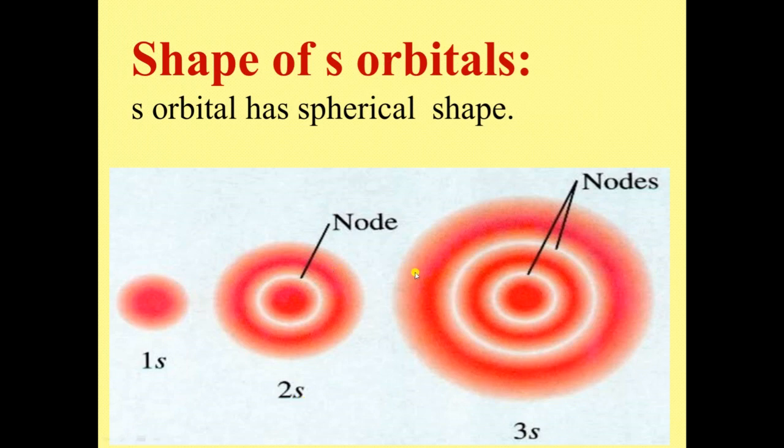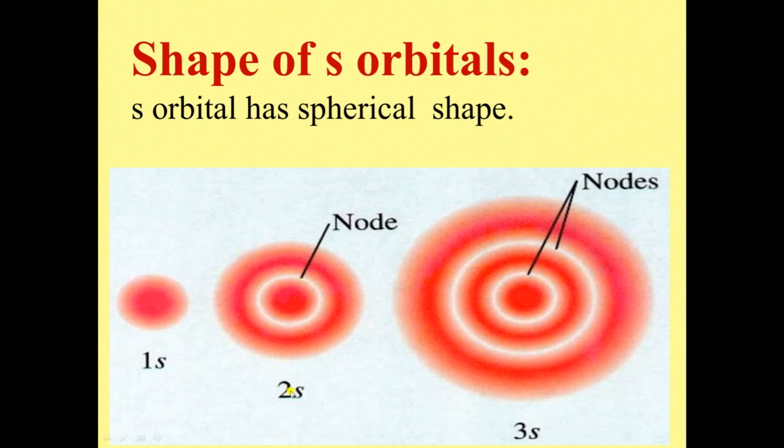Now here there is a term, node. What is a node? A node is a region where the probability of finding an electron is 0. Here in the center the probability of finding an electron is maximum, but as we move far from the center, in this region the probability becomes 0. This is known as a node.